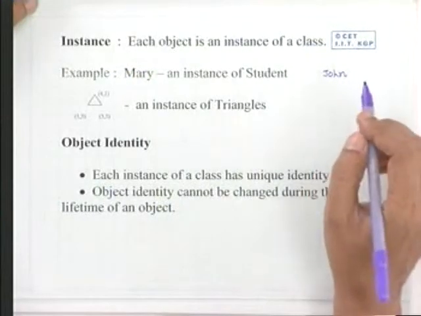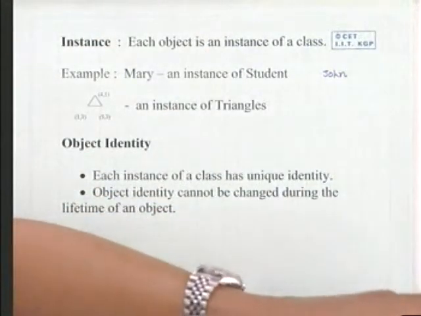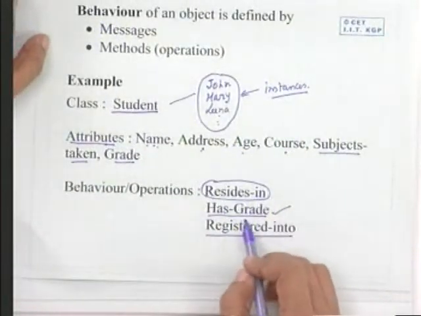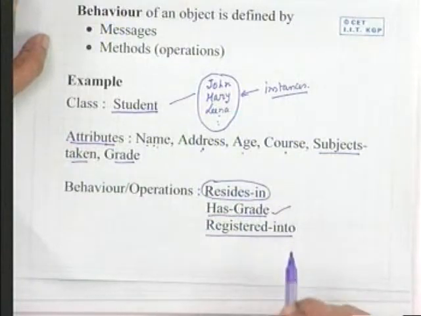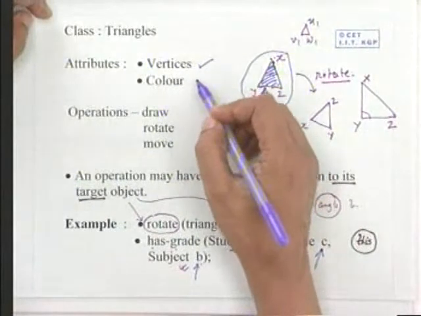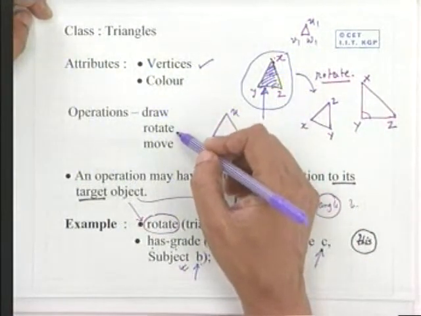Thus, we had the behavior for the student class, defined by the operations such as resides in, has grade, registered into. Similarly, for the class triangle, its attributes were vertices and the color, and the operations that were supported are draw, rotate, and move.